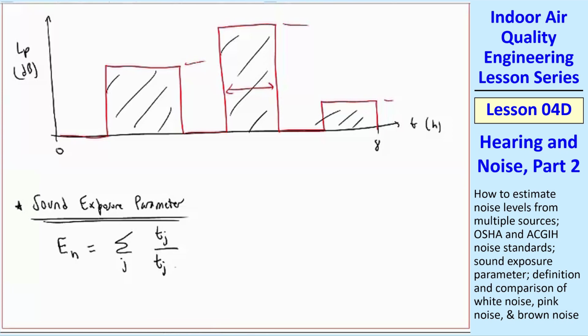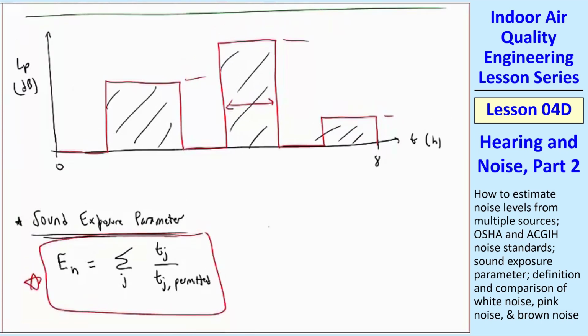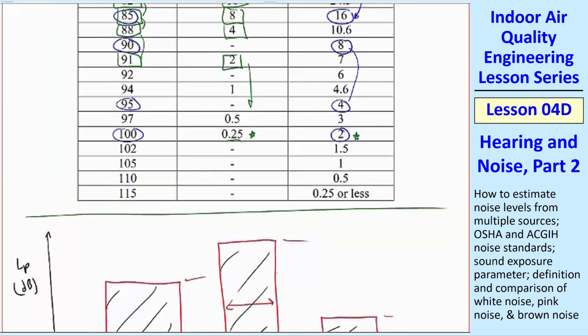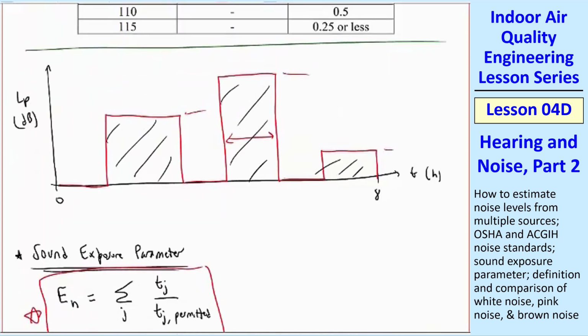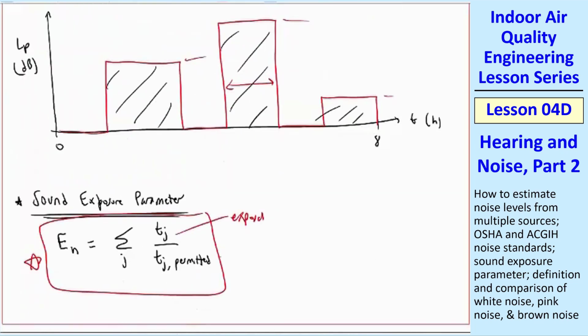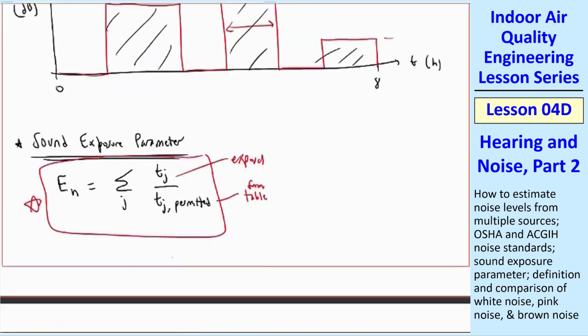Suppose you were exposed to some 95 dB level for 3 hours. Well, the permitted is 4, so 3 would be Tj. That's what you're actually exposed to, and this is permitted from the table. So you'd have a 3 on the top and a 4 on the bottom.